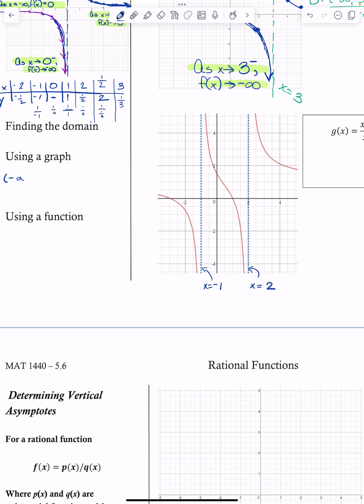goes from negative infinity to -1. That's this part of the axis, right? Open circle, when you can't use it. That doesn't look as open as I'd like it to, but let's see if we can stick a, there we go.